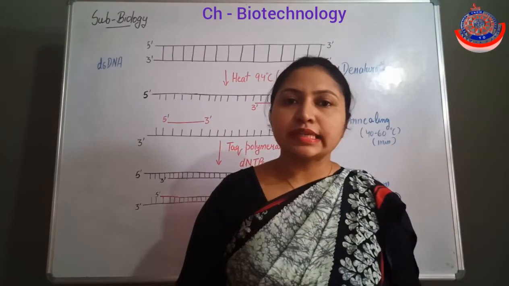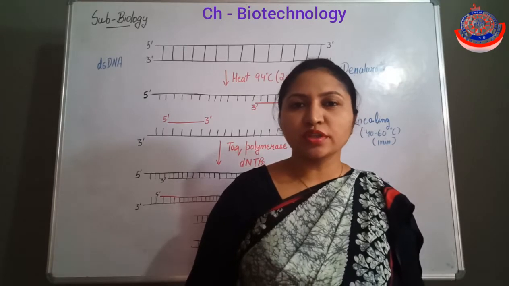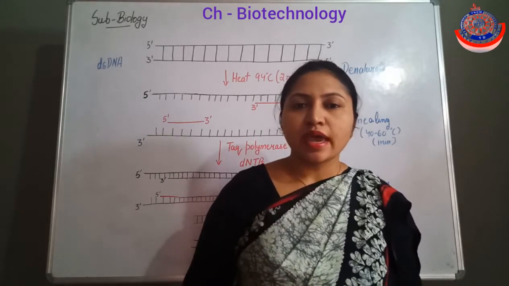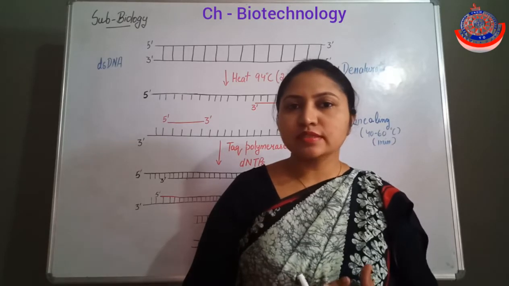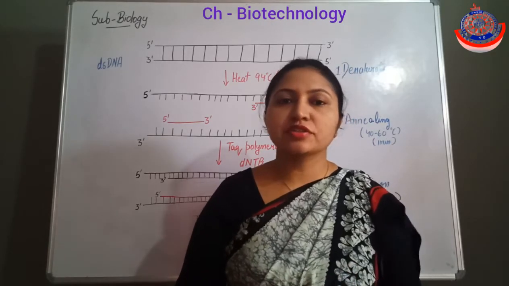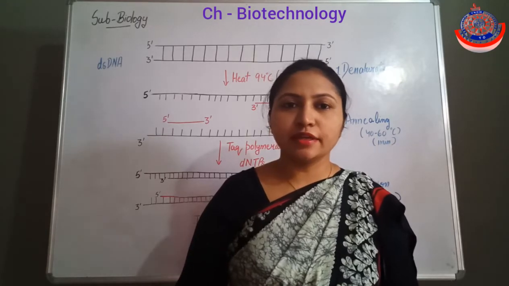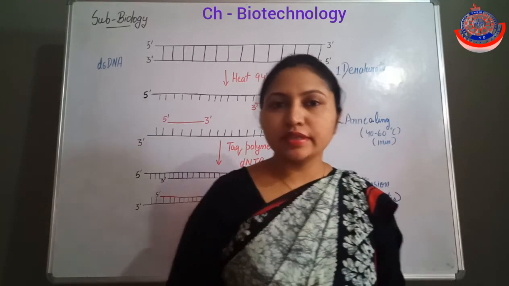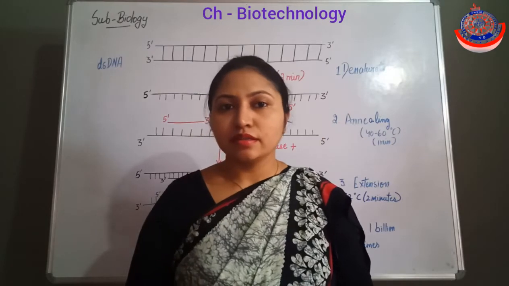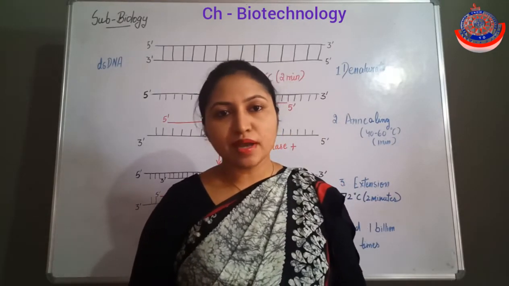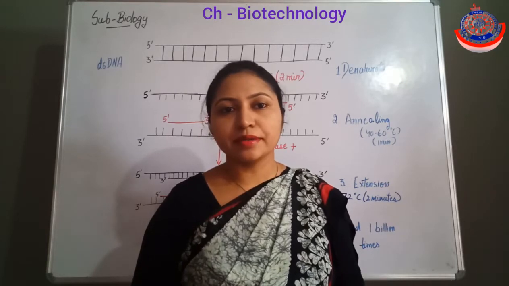So now children, next we will discuss the polymerase chain reaction, also known as PCR. What is the purpose of this reaction? To produce billions of copies of the desired DNA. And what is the role of this DNA in the rDNA? That desired DNA is inserted in the plasmid DNA to form the rDNA.